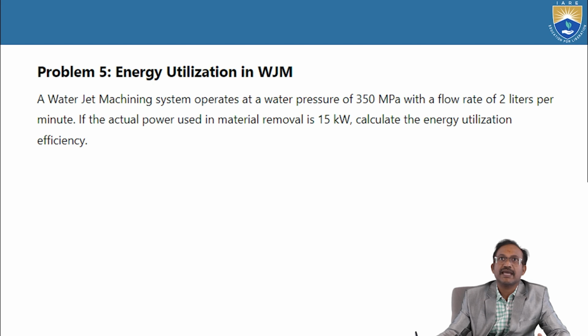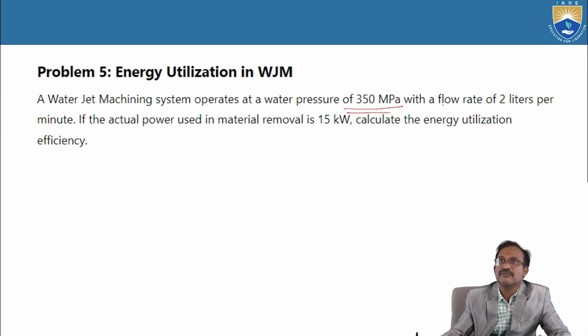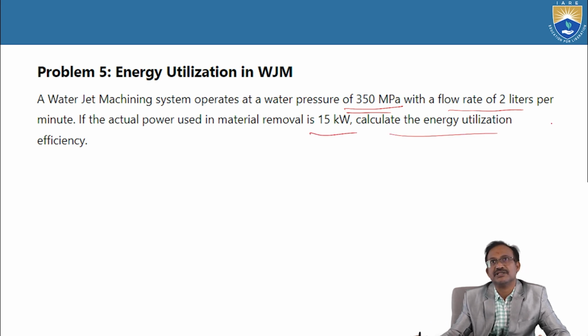Problem 5. Energy utilization in water jet machine. A water jet machining system operates at a water pressure of 350 megapascals with a flow rate of 2 liters per minute. The actual power used in material removal is 15 kilowatts. Calculate the energy utilization efficiency.